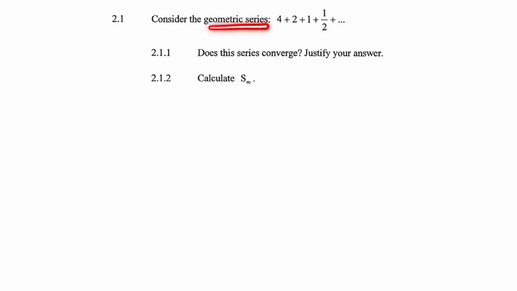So if it is a geometric series, we know that it has to have a common ratio of r. And convergence is about finding r, and if r is in between 1 and -1, then we can say the series converges. So let us find the constant ratio. So we'll have r is equal to the second term, which is 2 divided by 4, and that is a half.